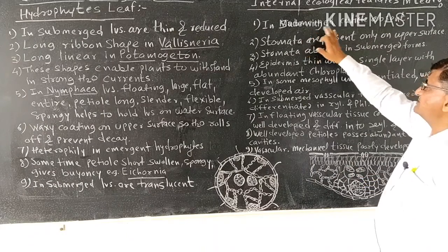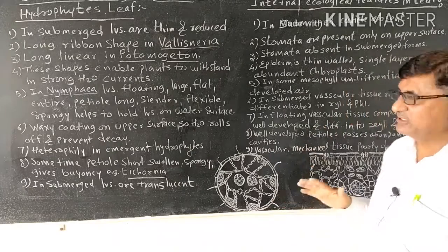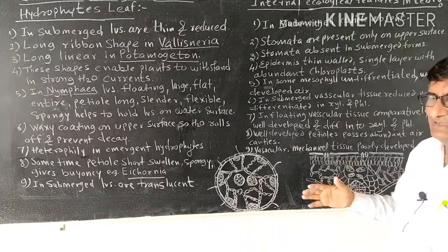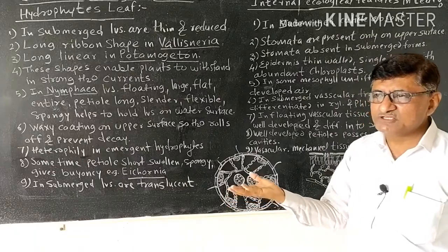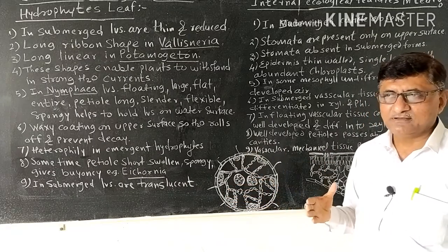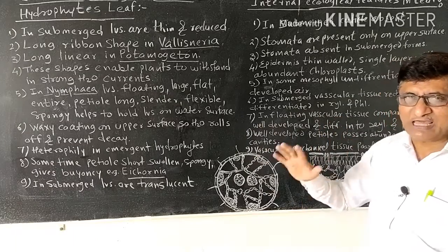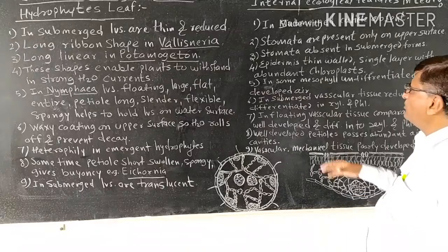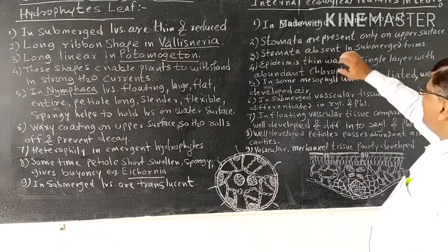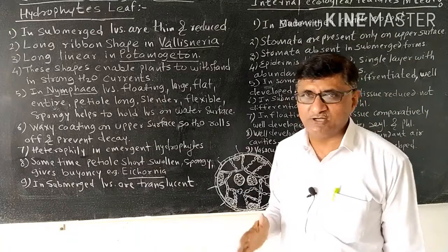In case of submerged hydrophytes, the leaf shows the absence of cuticle. There is no cuticle because there is no question of checking transpiration. The leaf is always in water, because it is in plenty of water. The stomata are present only on the upper surface in case of floating leaves.